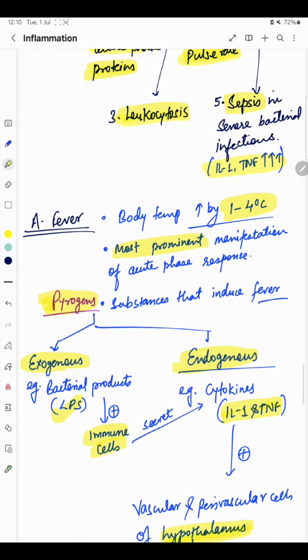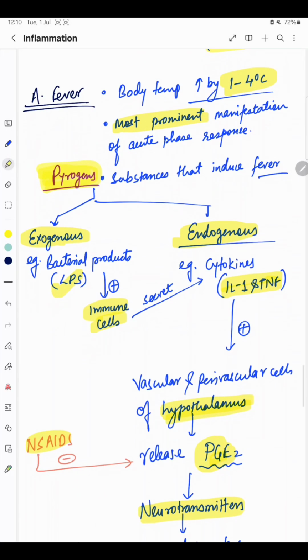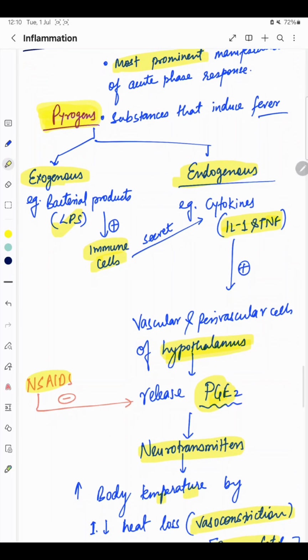So first is fever. When body temperature increases by 1 to 4 degrees centigrade from the basal temperature, the most prominent manifestation of the acute phase response is fever. Pyrogens are the substances responsible for inducing fever. They can be exogenous or endogenous.